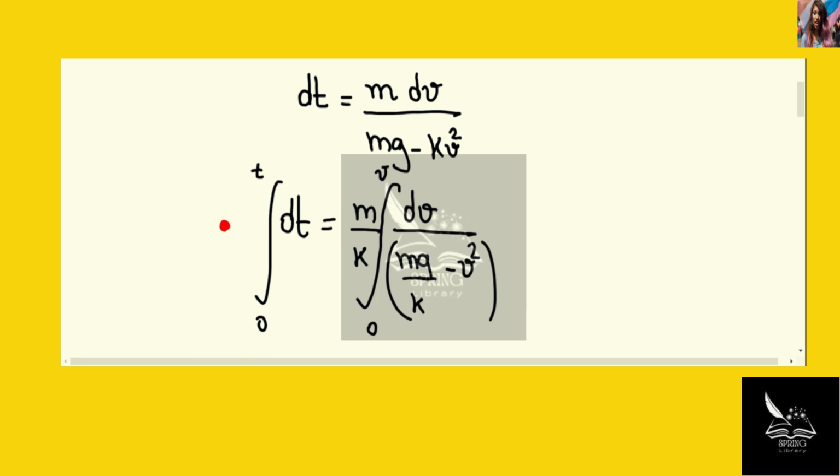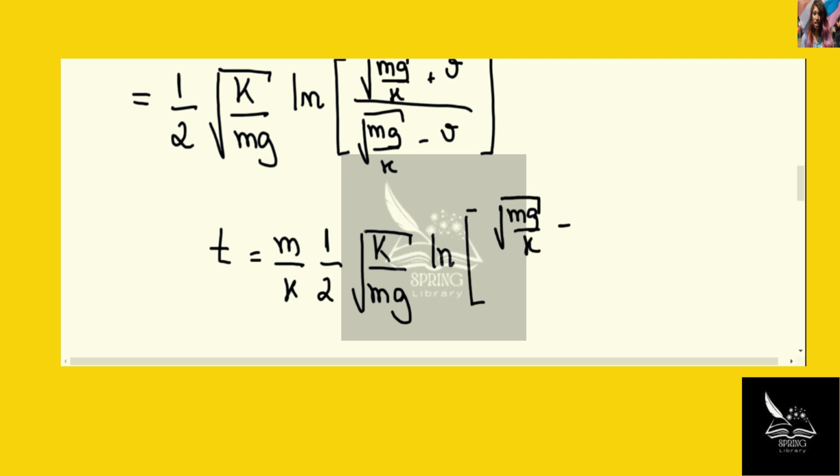So on the left hand side we have t, and on the right hand side we have m over k times the integral we just found, so that's 1/2 of the square root of k over mg times ln of the square root of mg over k plus v divided by the square root of mg over k minus v.